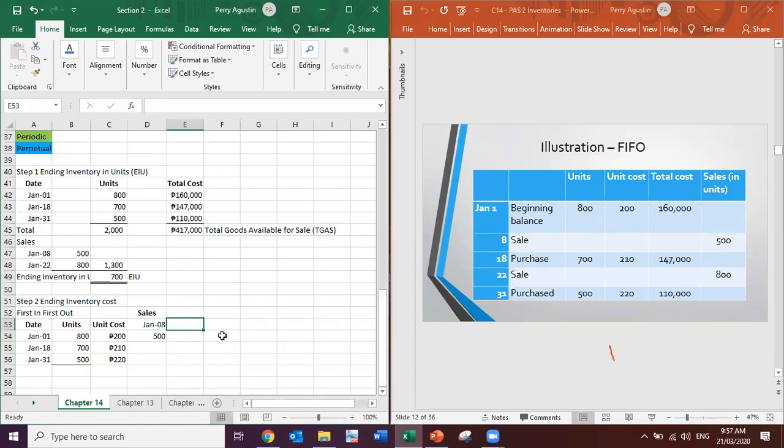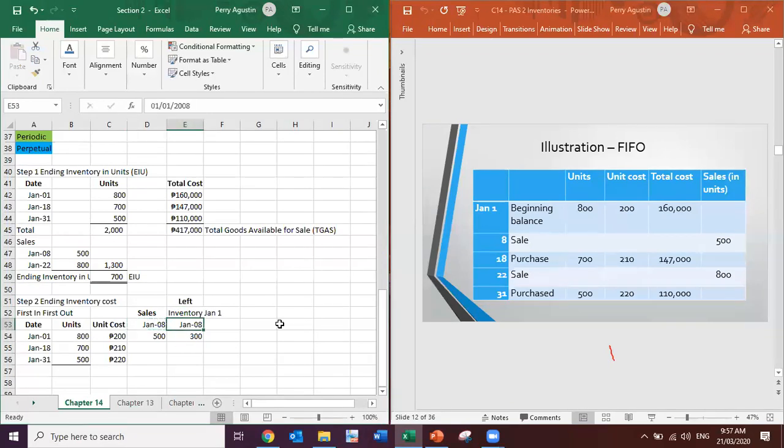So if I'm going to ask you right now, for the January 1 inventory, how many inventory is left? So that would be 800. We sold already 500. So we have to deduct this. So that is 800 minus 500. So that is 300.